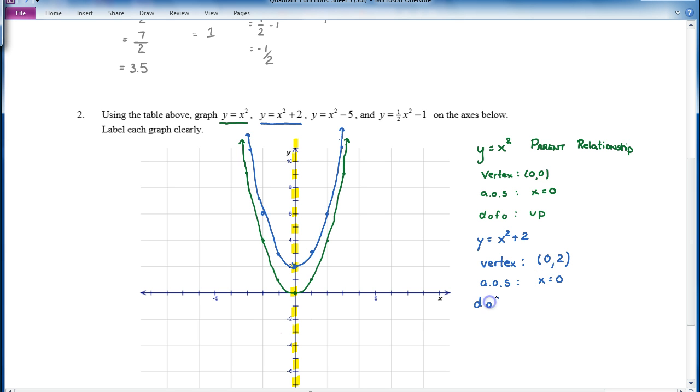And I want to do the direction of opening, and the direction of opening is up. Remember, in our previous lesson, we learned the only thing that changes this direction of opening is if this a value is negative. So if there's a negative in front, that would change it. All of these graphs I can see very quickly are going to open up.